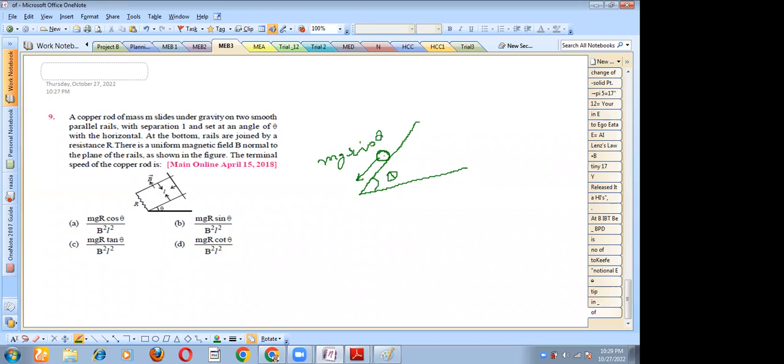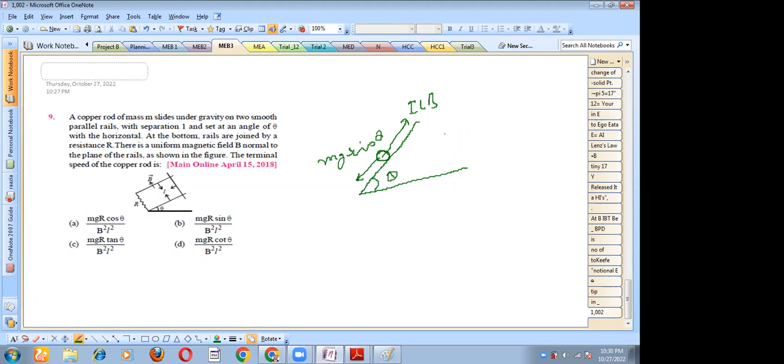And the magnetic force will act in the opposite direction, and that we know is ILB. We have to find the terminal speed of the copper rod.